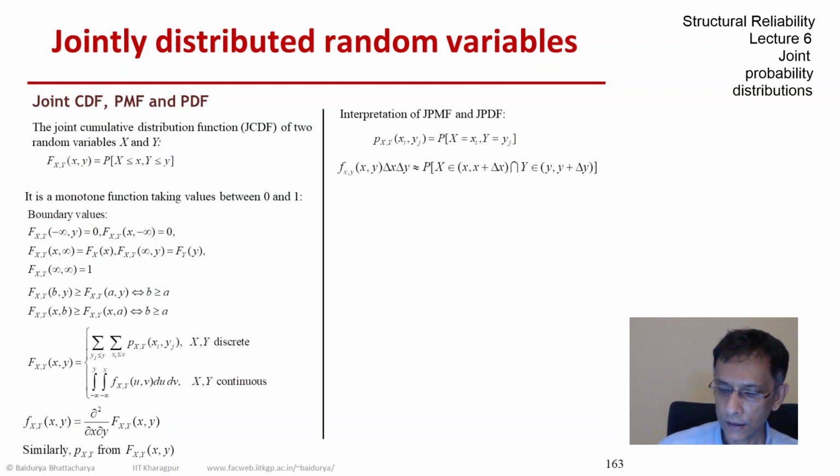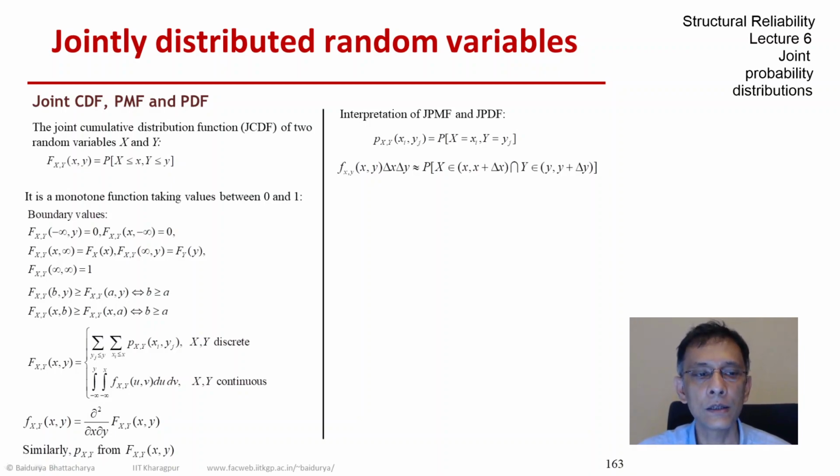Likewise, the density function would be approximated as an elemental probability if I take a little area around that point, delta x and delta y, and multiply the density function with that elemental area. That would give me the probability of finding x around that point and y around that point, whose sizes are respectively delta x and delta y.